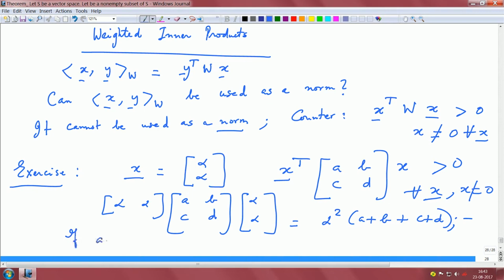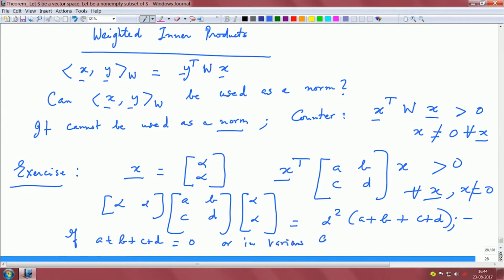So if a plus b plus c plus d is 0, or combinations of this is 0, or a plus b is 0 and c plus d is 0, individually, in whatever way you want to simplify, various combinations of a, b, c, d to sum to 0, irrespective of x which is not a null vector, we land up with the induced weighted norm to be 0, which is not what we wanted, right.